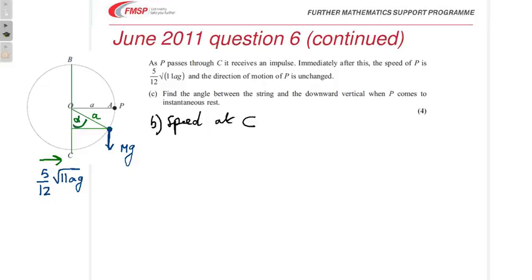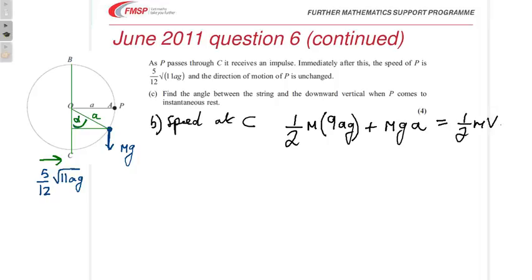Half m 9ag for the original kinetic energy, plus mga, the original potential energy at A compared to C, equals the kinetic energy at C, half m vC squared. A simple bit of reordering and tidying up gives vC squared equals 11ga. So vC is root of 11ga.